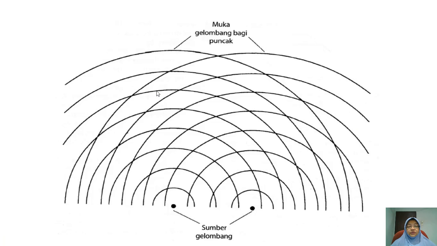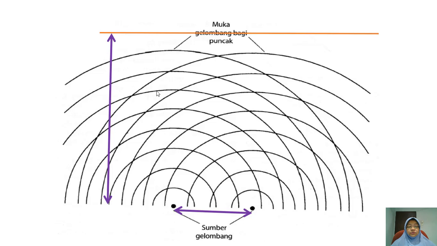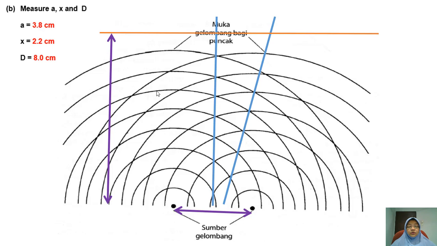Okay, let's try one question here. Here is A, here is the location. This is a crest. One antinode line, another antinode line. This distance is what we call X. So what we can do is measure this.